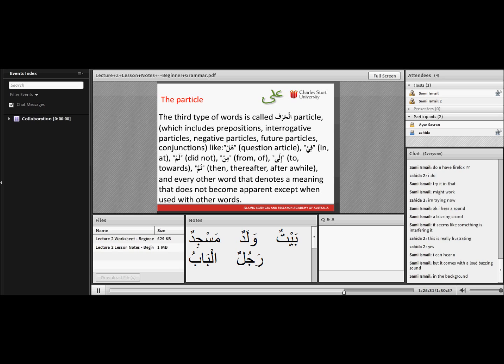Next one, chair. I don't remember. Okay, chair is kursiyun.